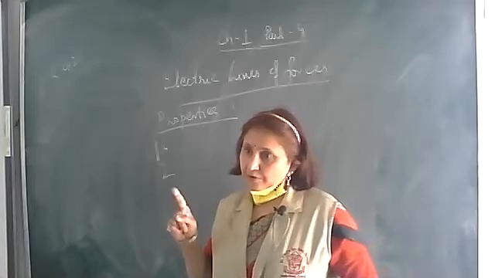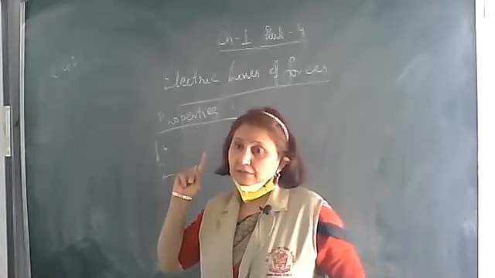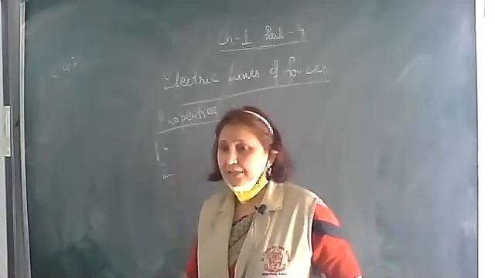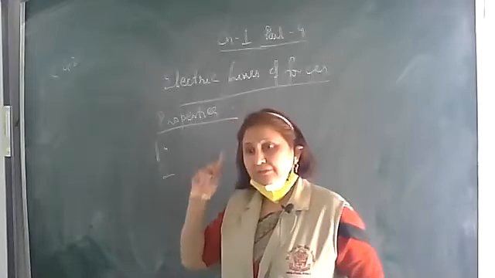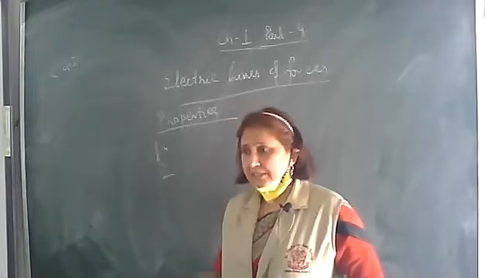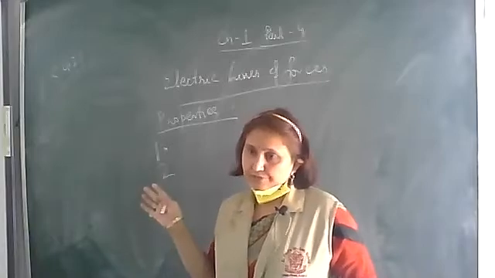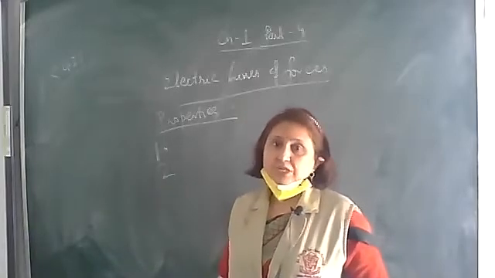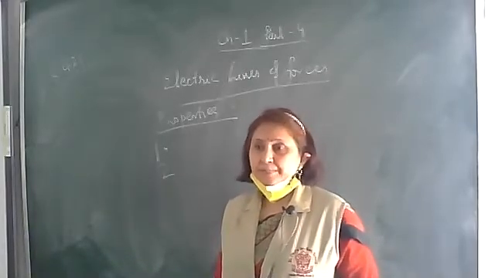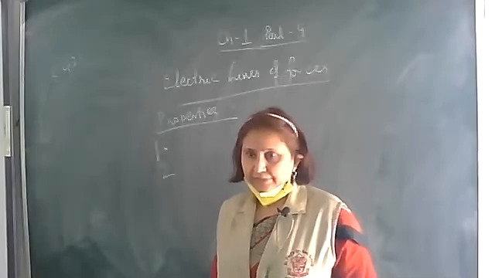So they will start from the positive charge, and where will they end? There is no negative charge. Isolated means only positive. Where will they end? Infinity. The same way, if there is an isolated negative charge, that is, there is no positive charge nearby, from where are they starting? They are starting from infinity and ending at the negative charge.